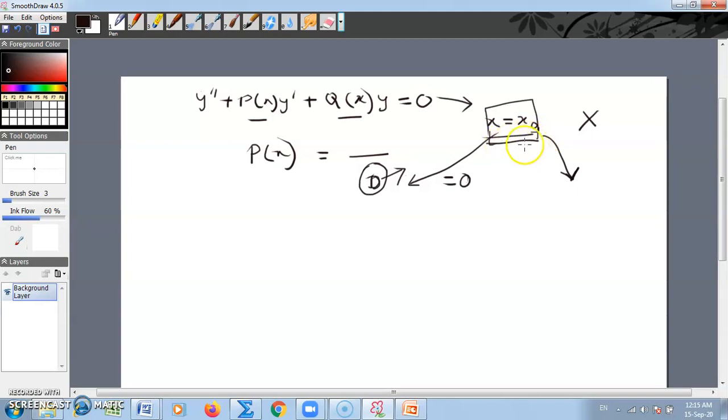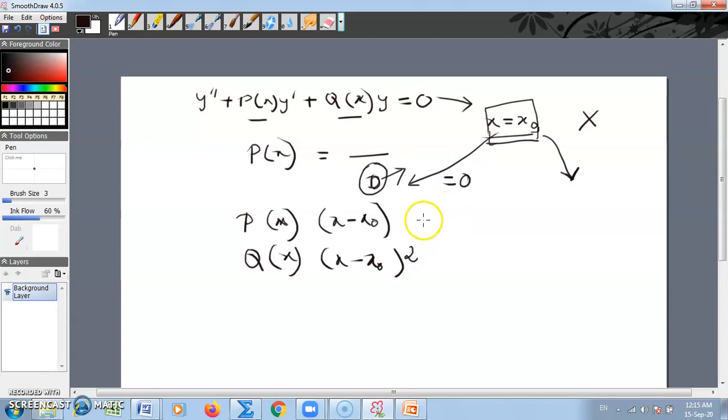But now to find out whether it's a regular singular point or an irregular singular point, we do another exercise, that is by multiplying p(x) by x minus x naught and multiplying q(x) also by x minus x naught square, and if the resulting two functions are analytic at x is equal to x naught, then we say it's a regular singular point.